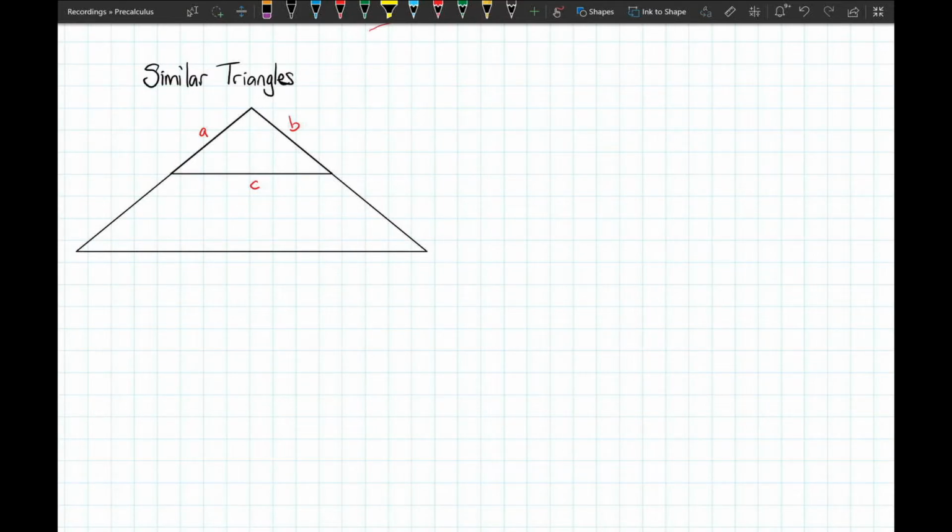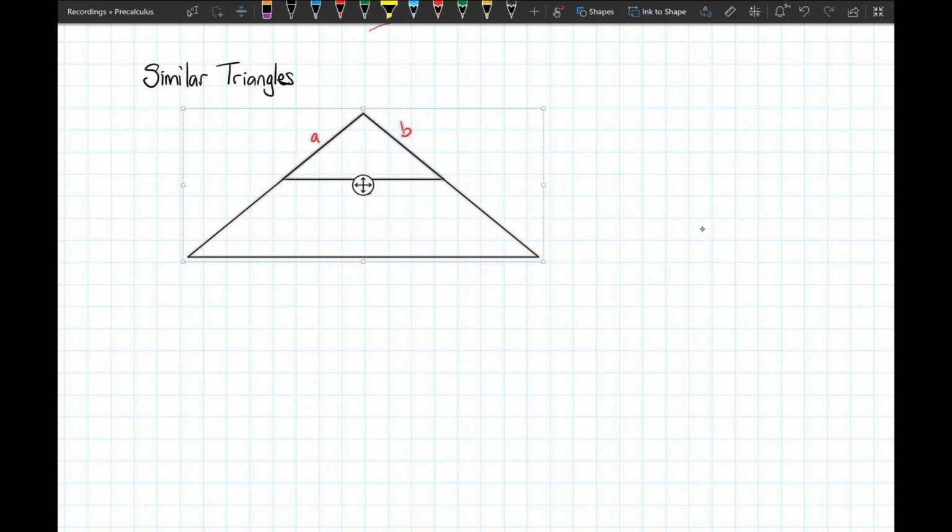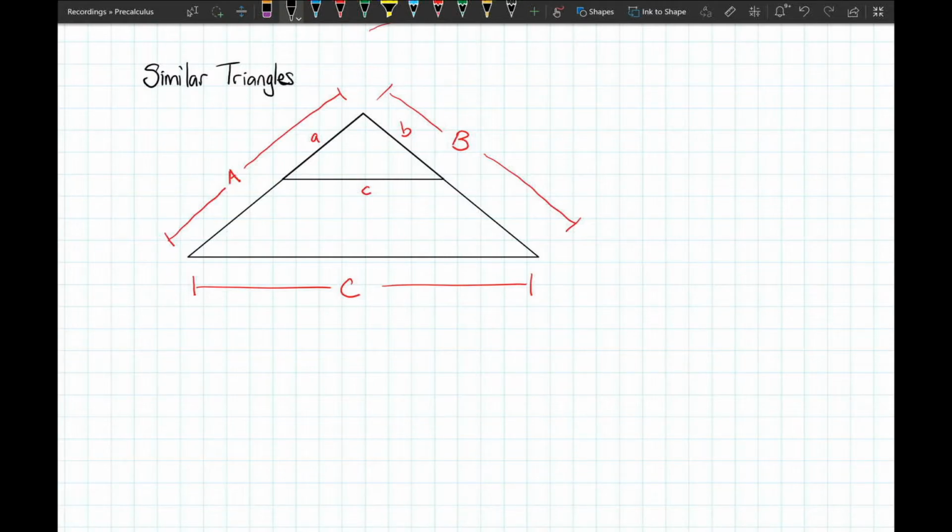So we can now take the big triangle here and let's label the sides with capital letters. Okay, so I've got capital A, and that corresponds to just the lowercase a being scaled up to be a larger value. And I've got capital B, which corresponds to the little b side, but it's also being scaled. And of course, capital C corresponds to little c.